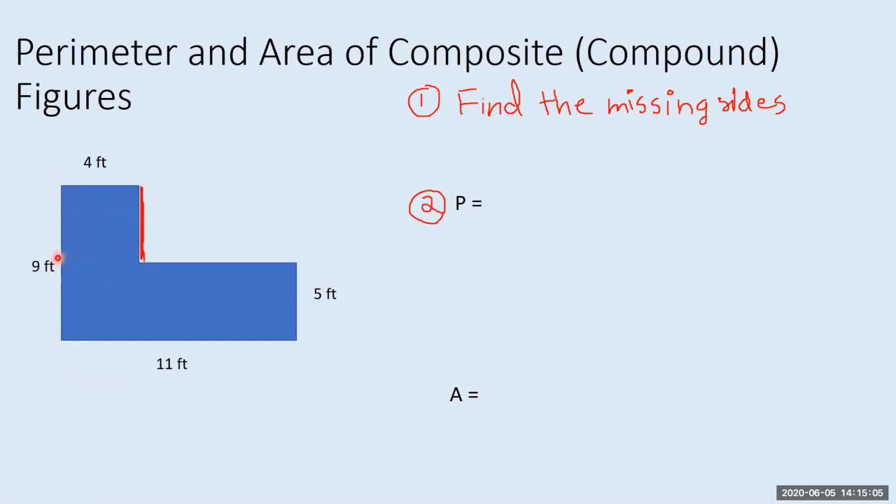I've got this side here that's 9 feet, and this side here that's 5 feet. So that tells me that this shape from the bottom up to the top is 9 feet tall. And the height of this bottom rectangular part is 5 feet. That's going to be true all the way across the shape. So from here up to here is 5 feet.